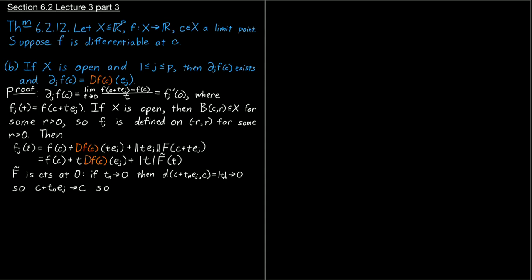So that means F twiddle of Tn, that's big F of c plus Tn ej, by our definition of continuity in section 5.4, is converging to F of c, also known as F twiddle of 0.